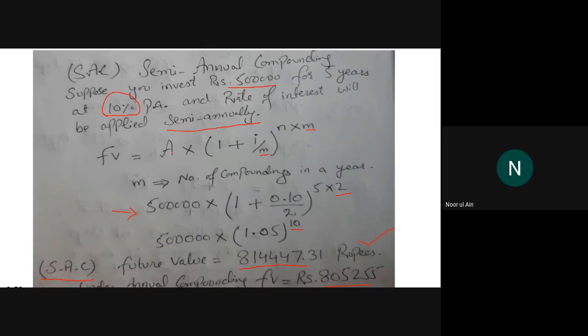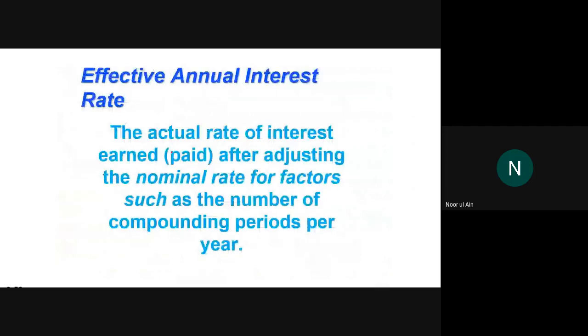But since you get higher answers than with annual compounding, you have to calculate the effective rate for these calculations as well. You can only calculate the effective annual rate when your compounding is occurring more than once in a year.